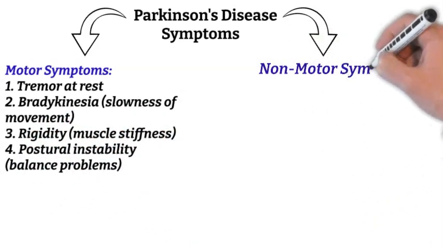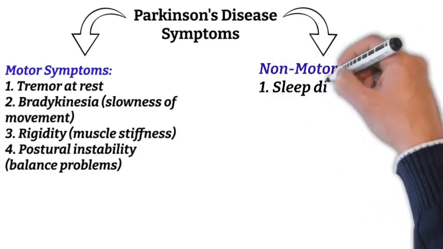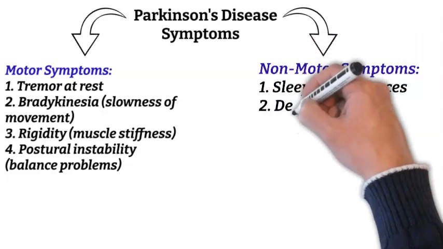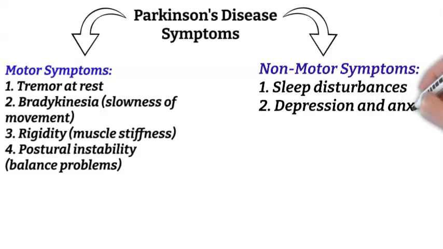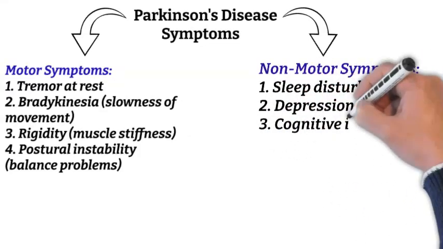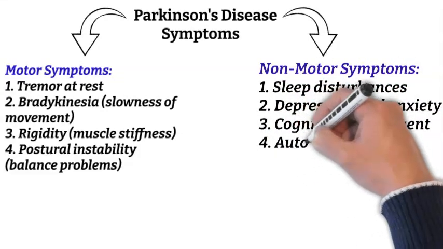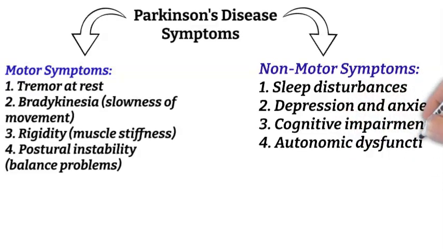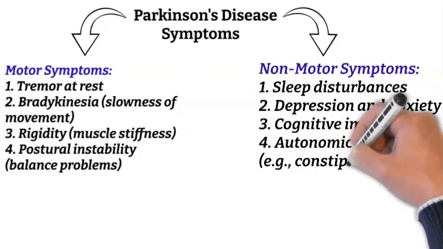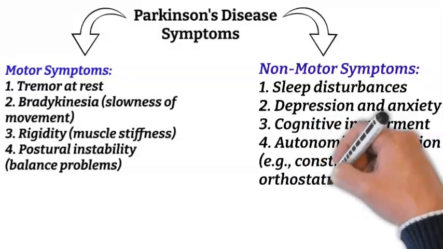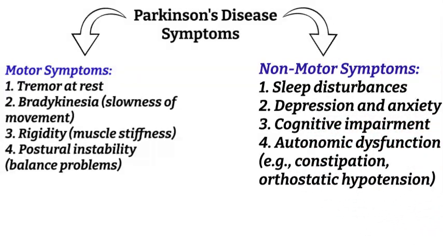Non-motor symptoms include sleep disturbance, depression and anxiety, cognitive impairment, and autonomic dysfunction, for example constipation and orthostatic hypotension. So basically, motor and non-motor symptoms.